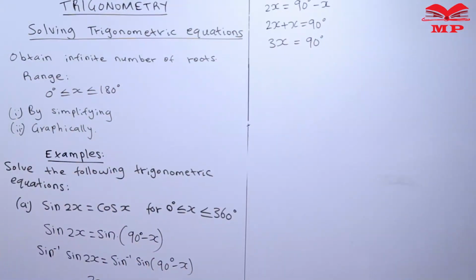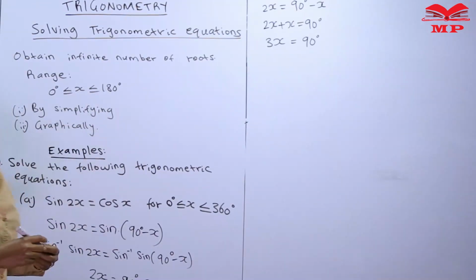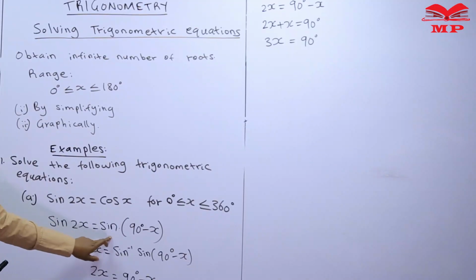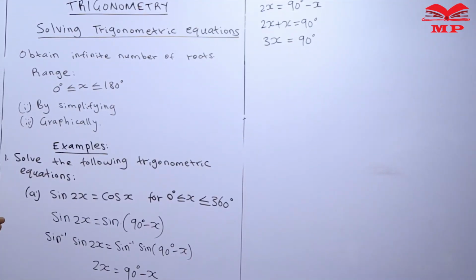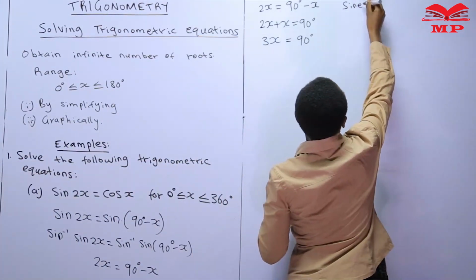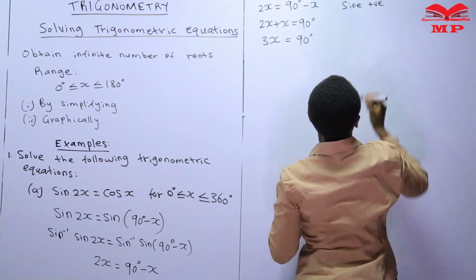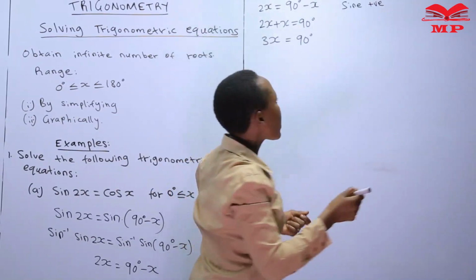Now I want us to be very keen here, because we want to get the answers within this range. As you can see from this, our sine, this trigonometric ratio, is positive. And we have seen that we have the first one, which is 90 degrees.